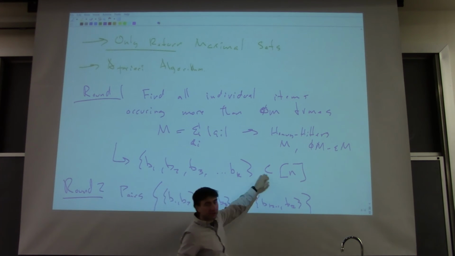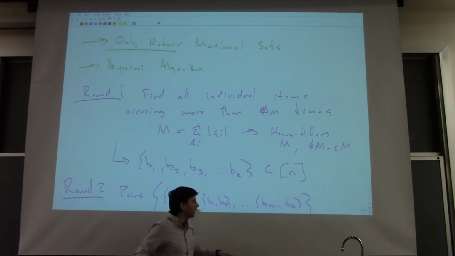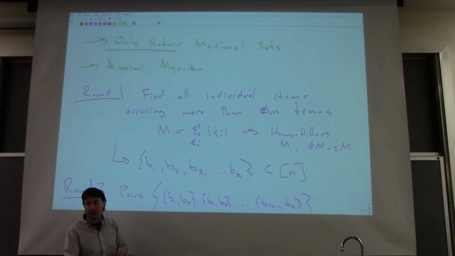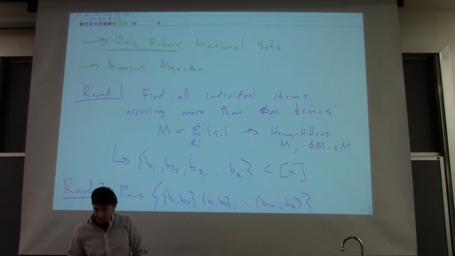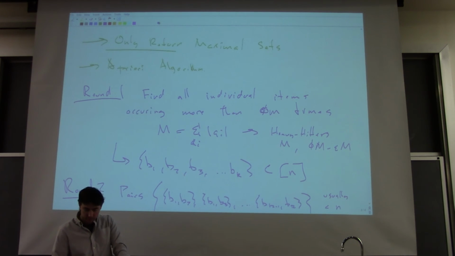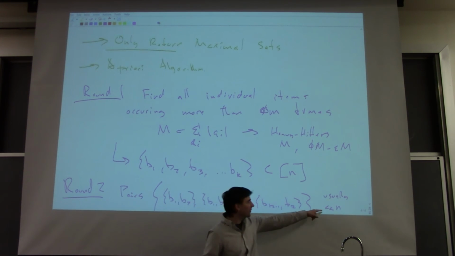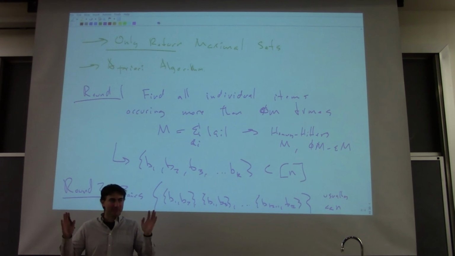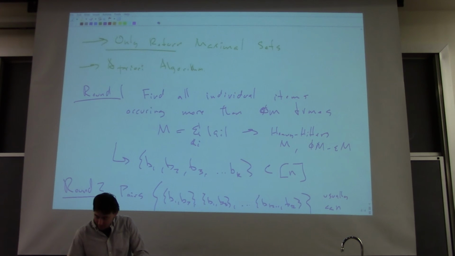Most of the items don't occur that frequently. So I only look at the pairs where I know all the individual things occurred frequently enough. So this is usually much smaller than n. It's usually much, much smaller than n. If you write two less than signs, this means it's much, much smaller. That's a semi-formal notation.